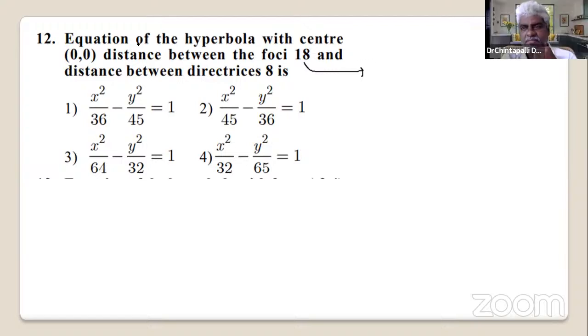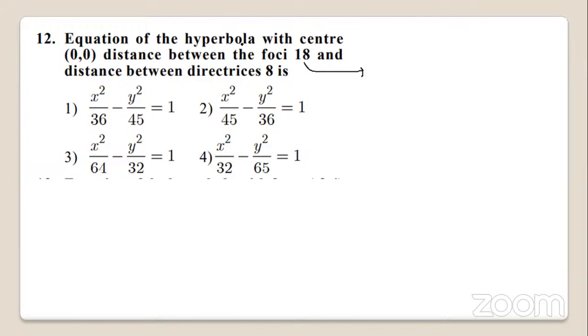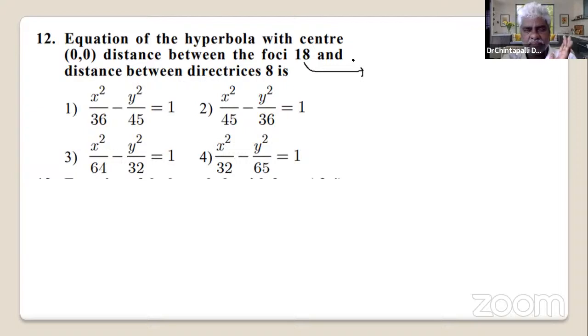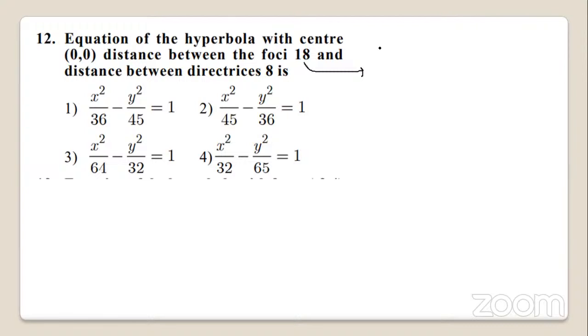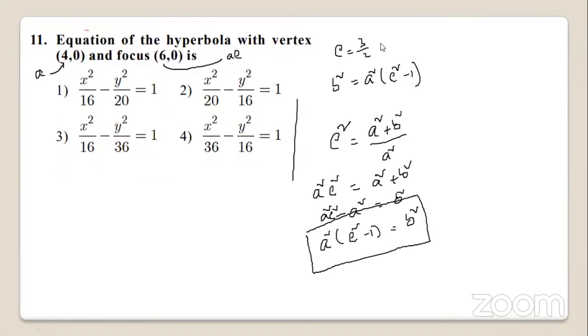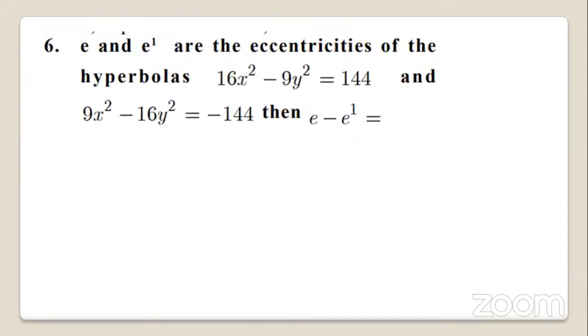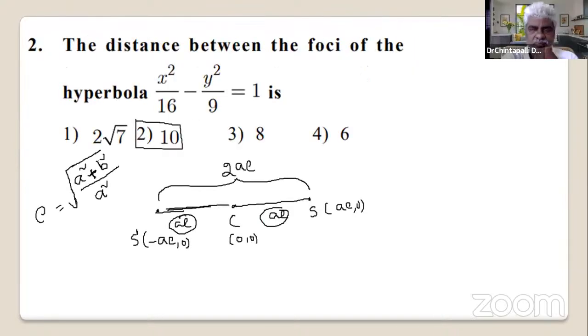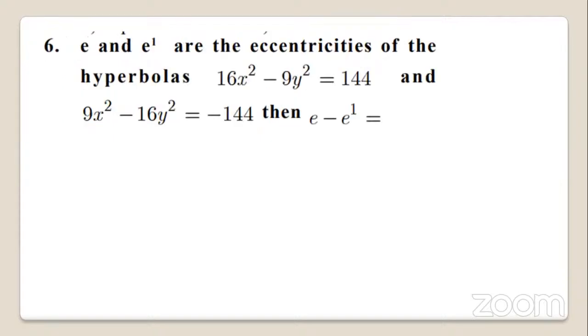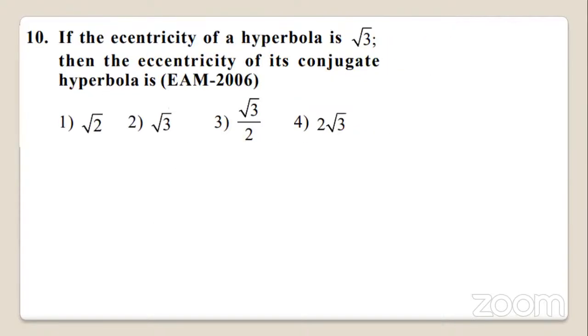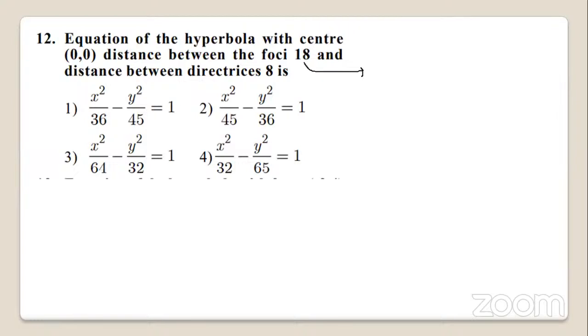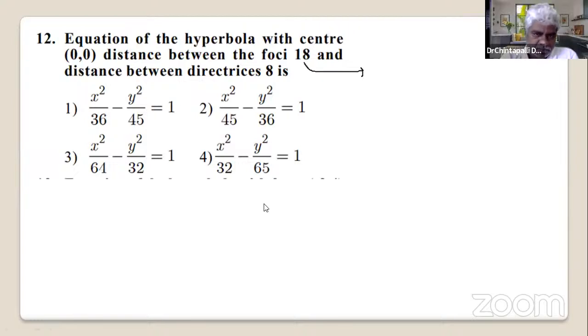Distance between foci, so is it distance from center to foci? It is ae. Distance between foci is 2ae equals 18. Okay, ae equals 9. Very good.